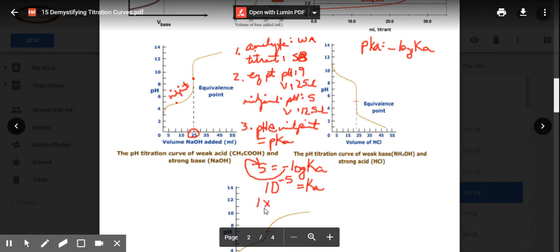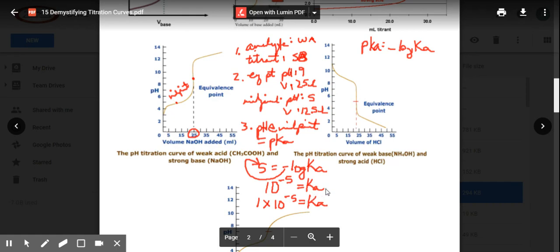So this would translate to 1 times 10 to the negative 5th is equal to my Ka. And what is that the Ka of? It's the Ka of the weak acid that I'm starting with. So that's how I find the Ka value. I have to look at my midpoint, only my midpoint, and then I solve for my Ka like that.